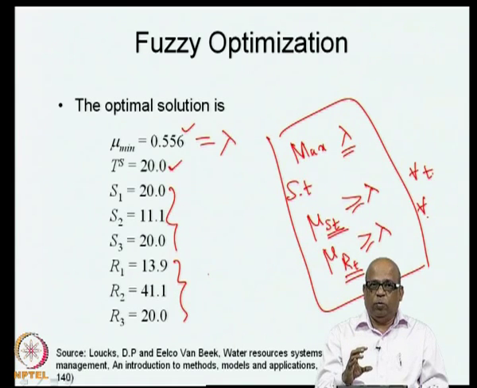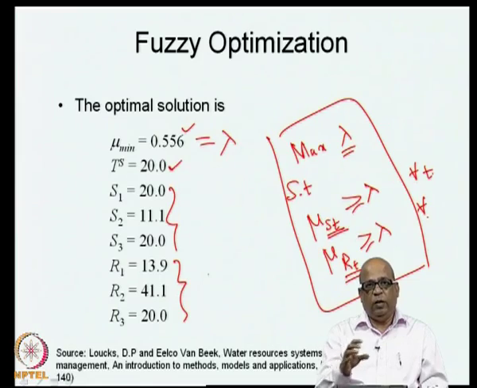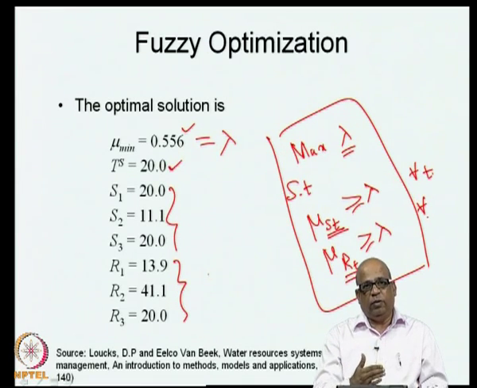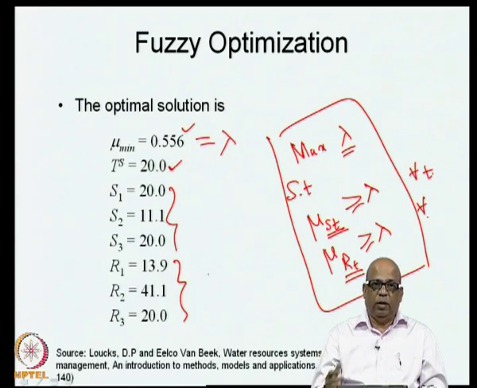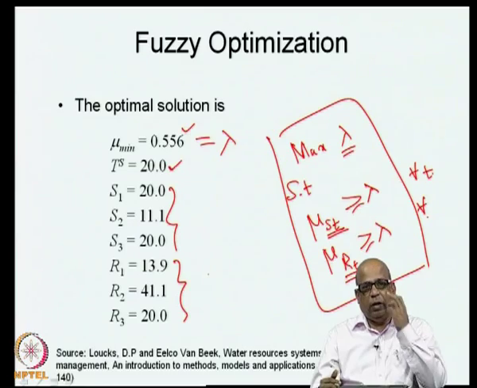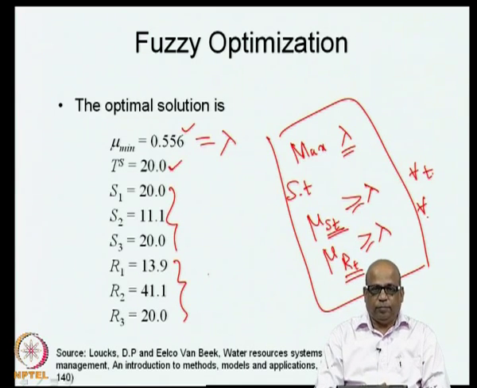You are able to incorporate the preferences from various stakeholders, and these preferences you have modeled using the fuzzy membership functions, and therefore, the fuzzy optimization problem provides you more realistic, more flexible solutions rather than the crisp optimization problems. So, this is what you should keep in mind when you do the fuzzy optimization.